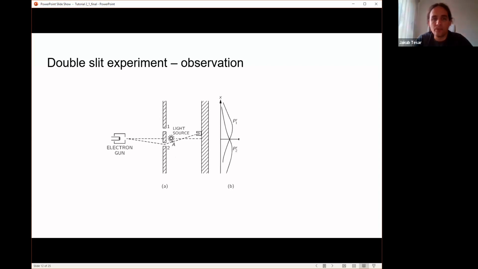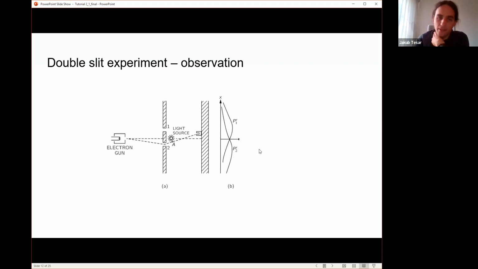So we introduce this light source, once again, to be able to recognize which slit has been used by the electron to go through the device. If you use only one slit, then you will find this pattern on your screen, similarly to the second slit.